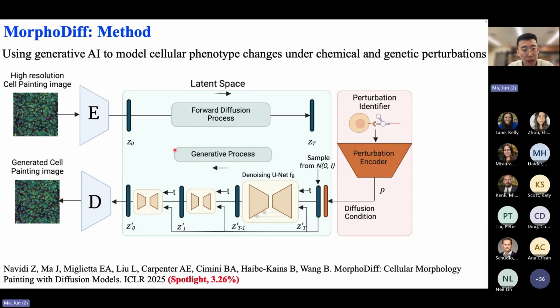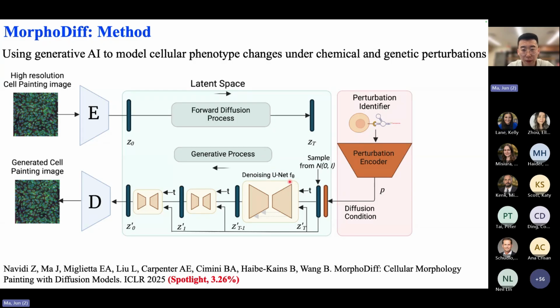Next module is the diffusion model in the latent space. So we have the forward diffusion process to convert the embedding to a noise representation. In the reverse generative process, we can generate the meaningful embedding from the initial noise embedding.